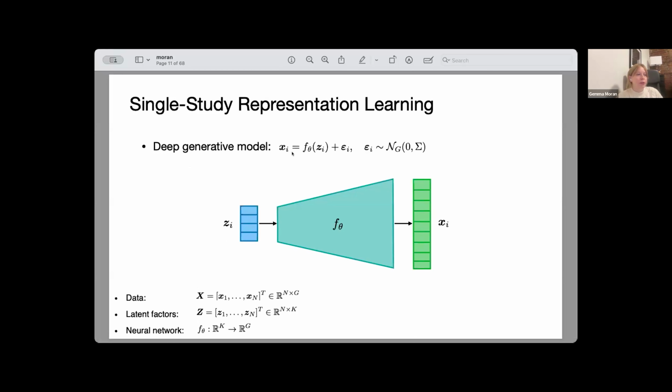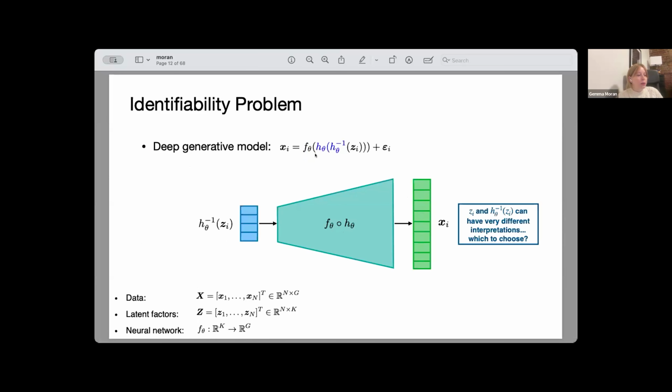We also want identifiability as well. So if there are many possible ways that we can learn this mapping from these Z's to these X's, and we don't have identifiability, then that really hinders our interpretability in this context.